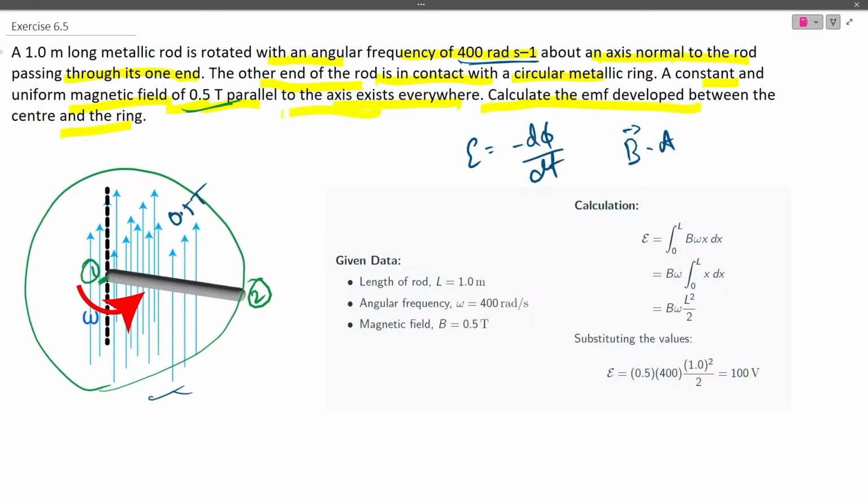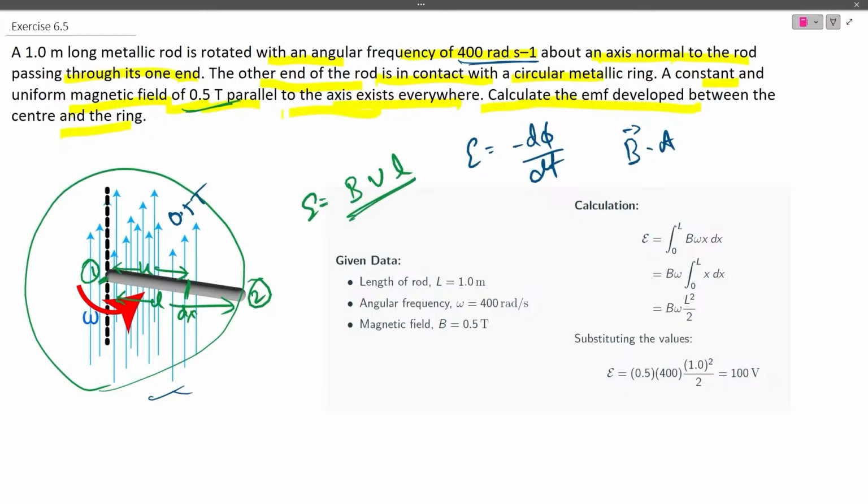We haven't used the measurement of this length, that is 1 meter, so let us assume this is the length of the rod, L, and there is a small element of length dx at a distance x from the axis of rotation. The motional EMF generated in this section is given by E = BVL. We know that this is the formula for motional EMF.